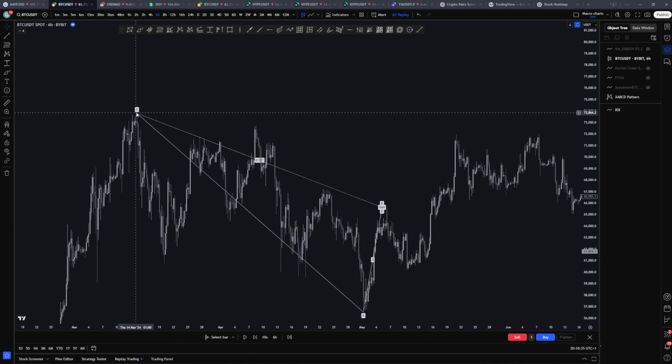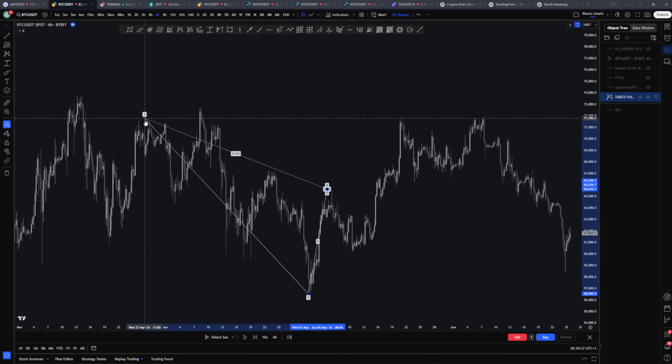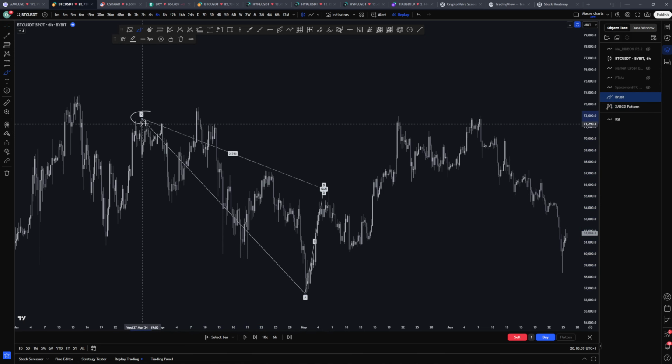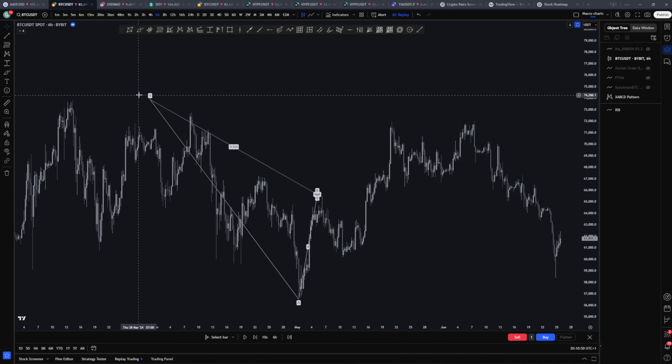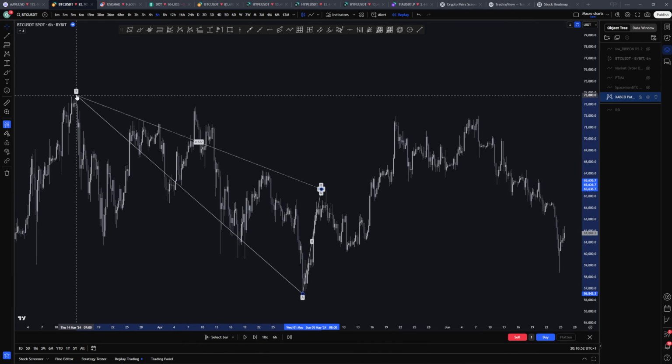Let's look at X. This X placement, for example, would not be valid because between X and A, there's a higher point. So this one would not be valid. It has to be the highest point. So I can either choose this one or I can choose this one.